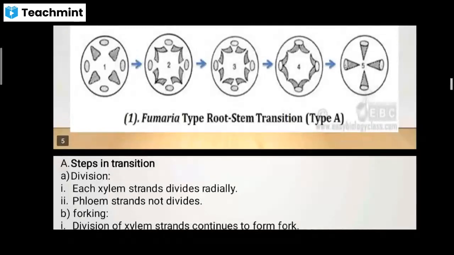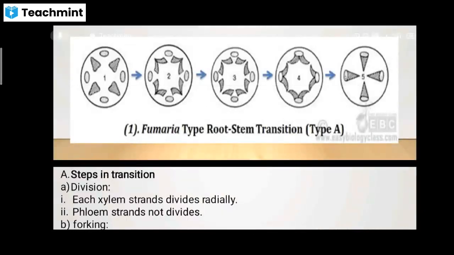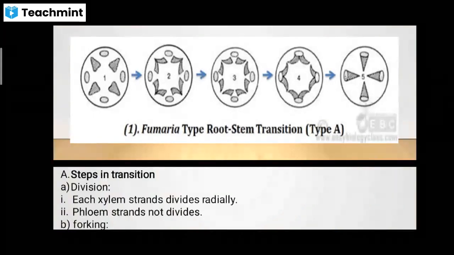In the second, there is a division of the xylem strand, and the xylem has a triangular shape. The xylem strands are radially divided and form two strands. But in figure 2, no division takes place in the phloem strand.